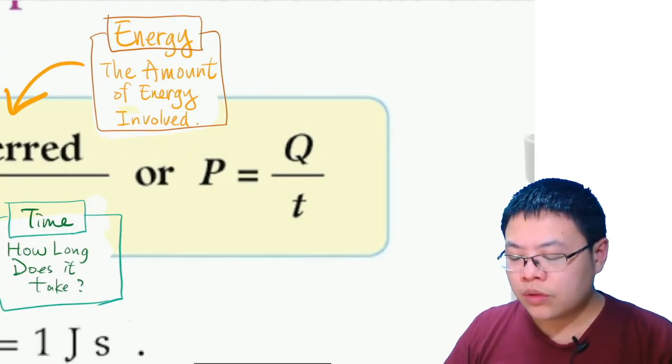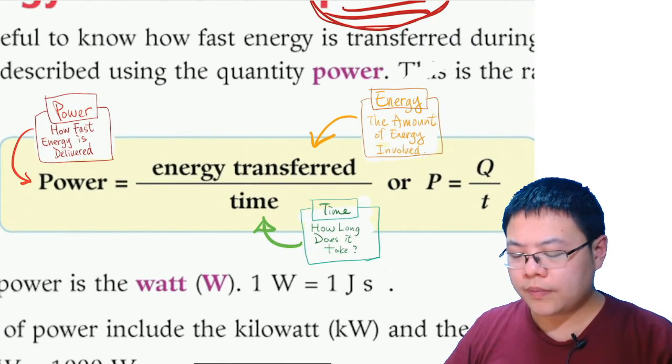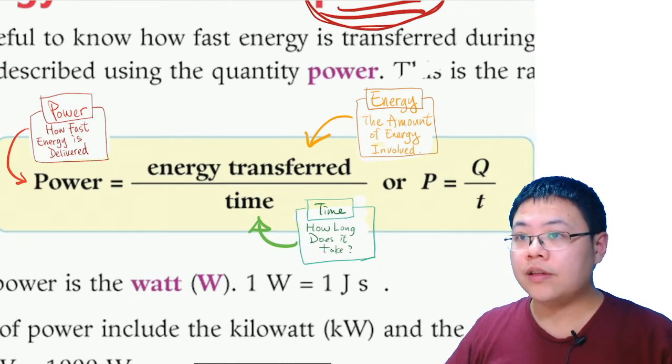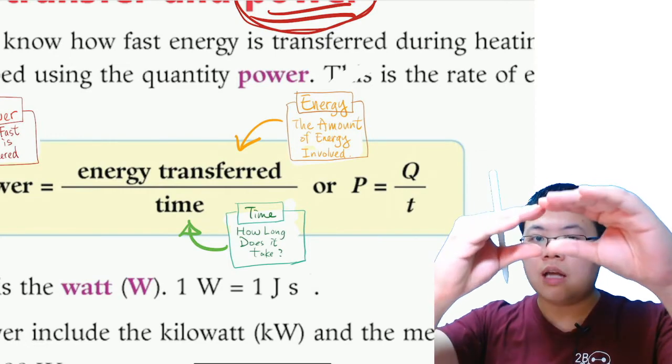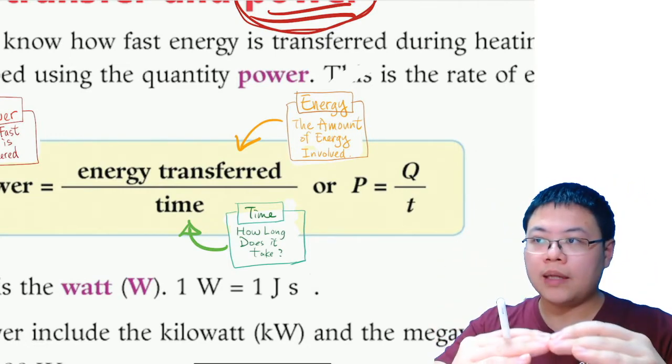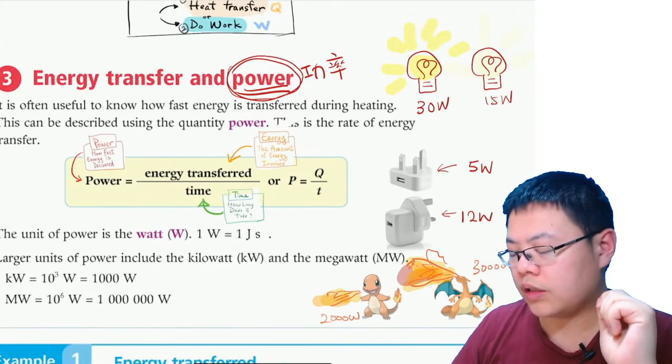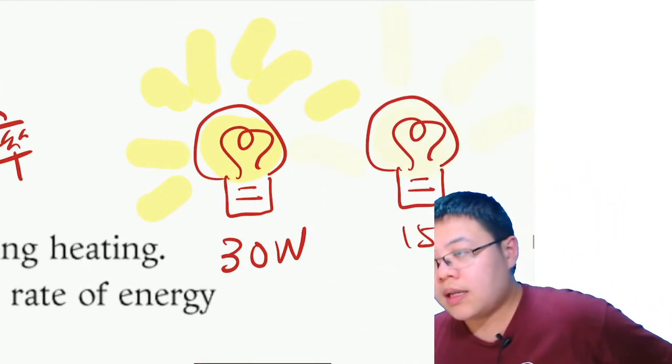So how fast the energy is delivered is called power, and the equation is the amount of energy transferred divided by time. When will we see it?